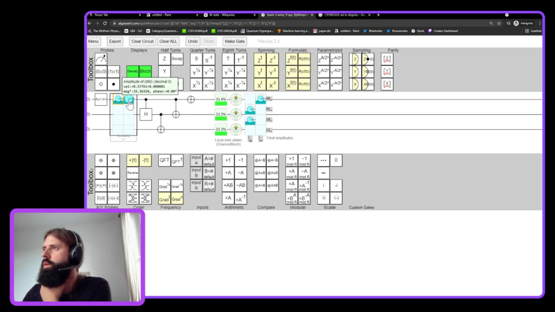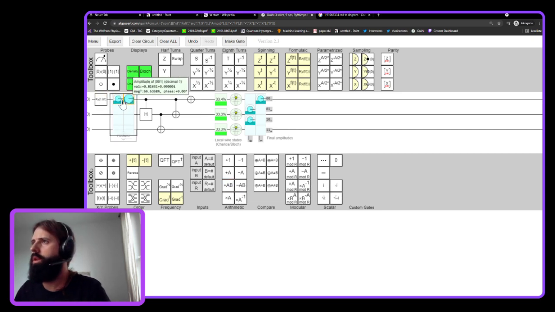Okay, so this basically takes us into 1/3 of 0 and 2/3 of 1. That's what this rotation does, there are no relative phases.